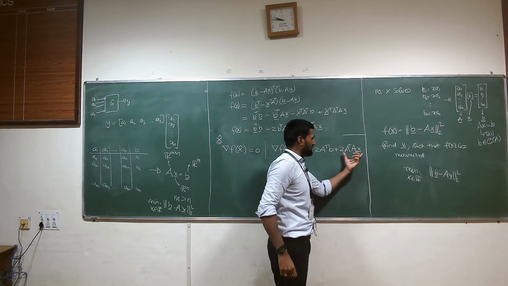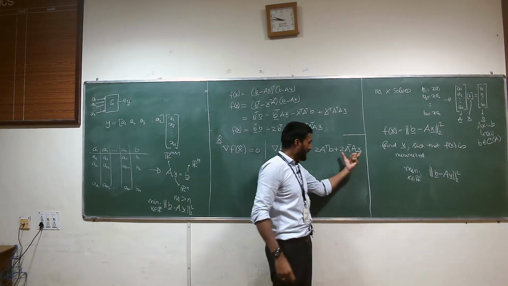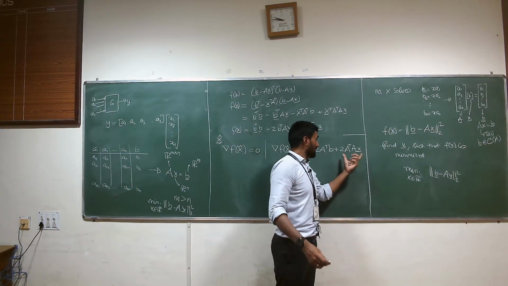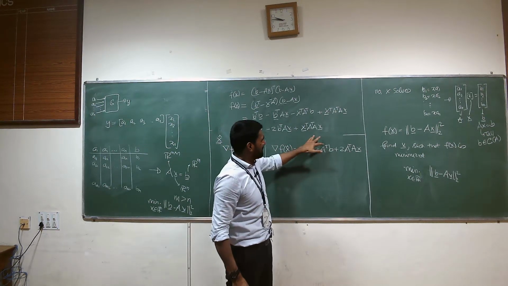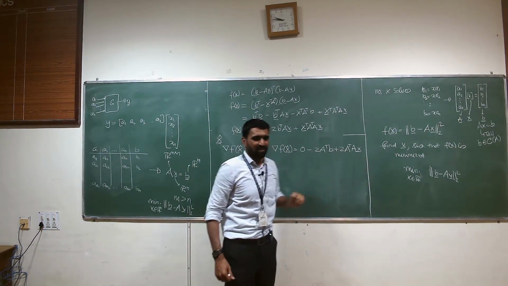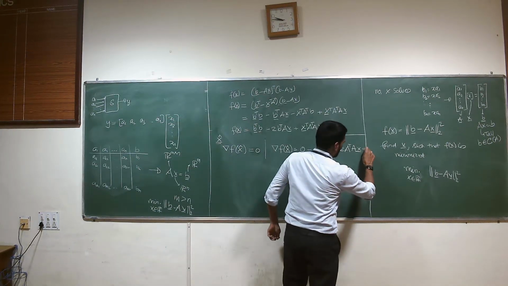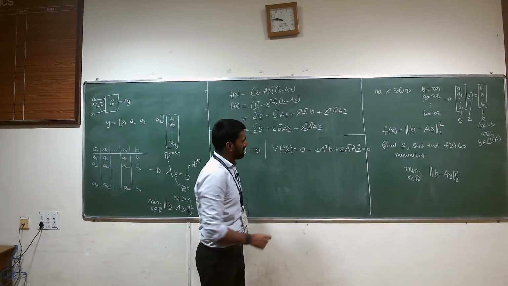This is part of your assignment, so when you do it by hand you will know why it comes out this way. But for now, just trust what I'm saying and assume this is correct. So this is like ax square, so it's 2 times A transpose A x when you take the derivative. And this is at x cap, so it equals 0.